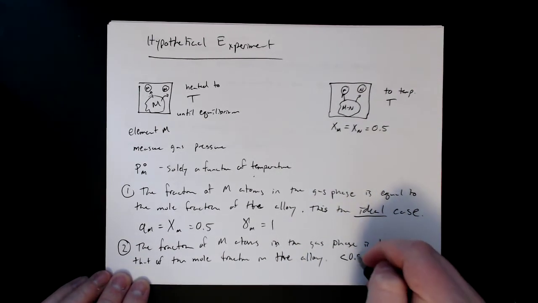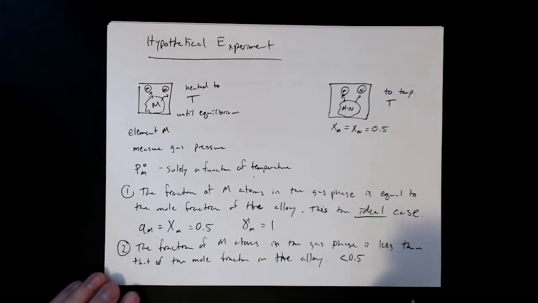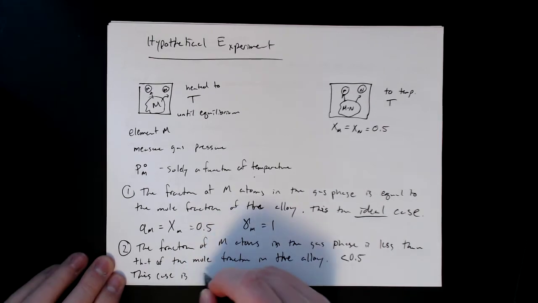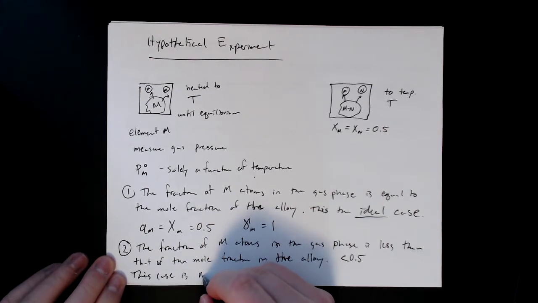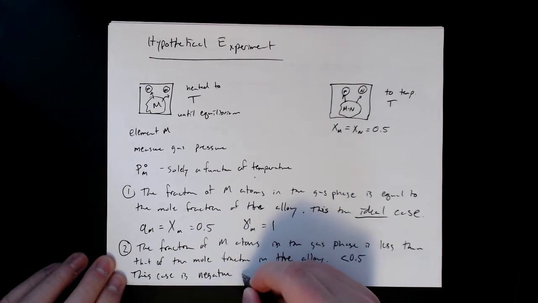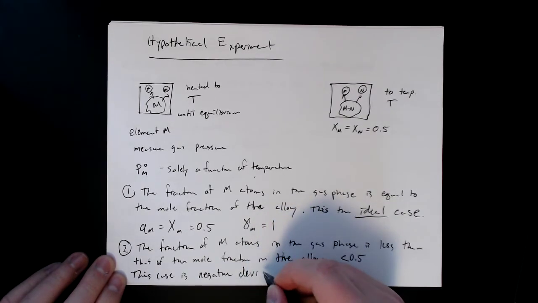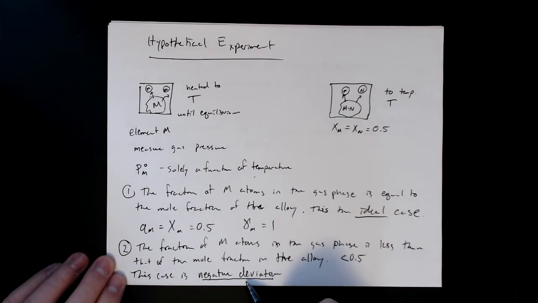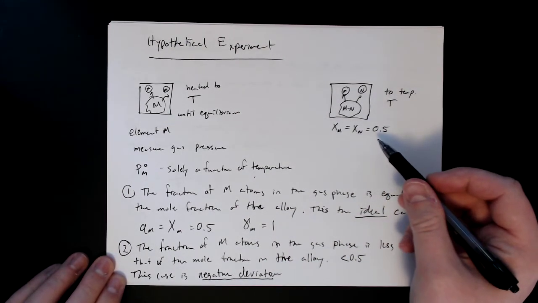So it's less than 0.5. So in this case is what we call negative deviation. Because it negatively deviates, right, lower than our mole fraction in the alloy.